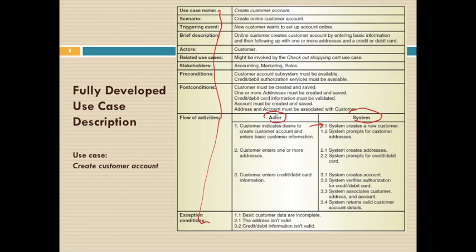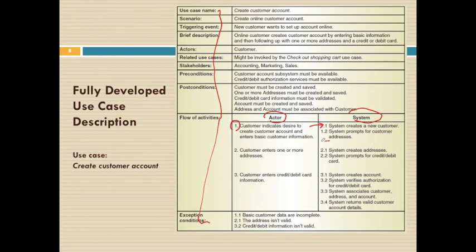And then after the actor runs this first action, the system will respond in this way. Okay, these are the behaviors of the system. So customer creates customer account and enters basic customer info, and then the system will create a new customer and system prompts for customer addresses.